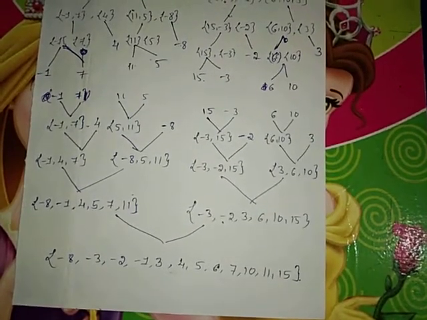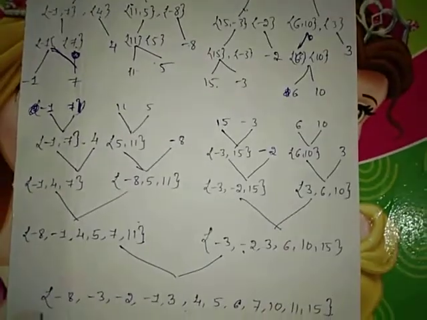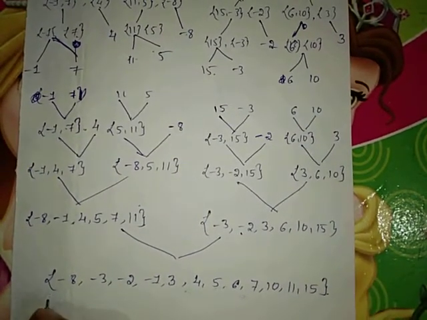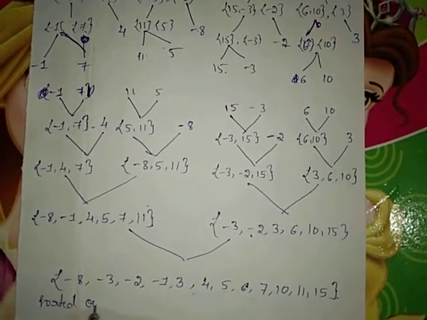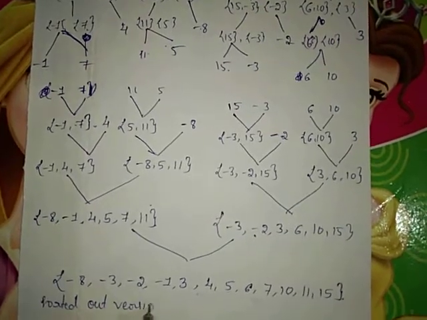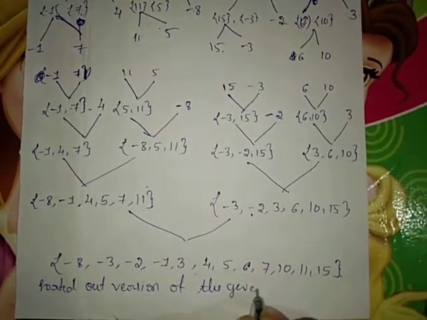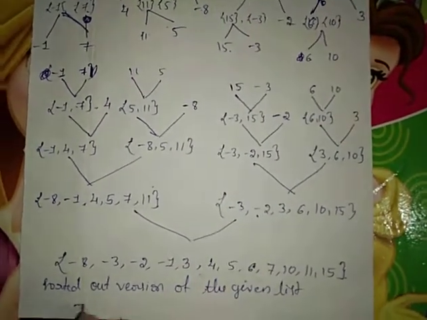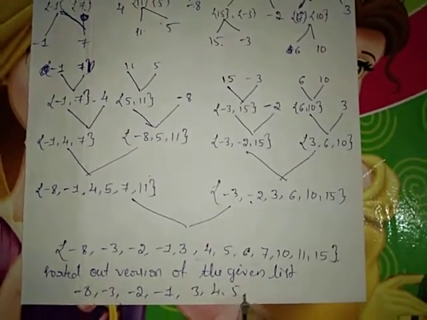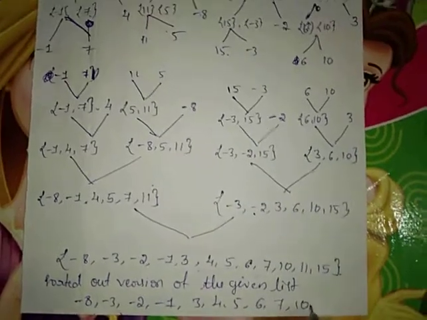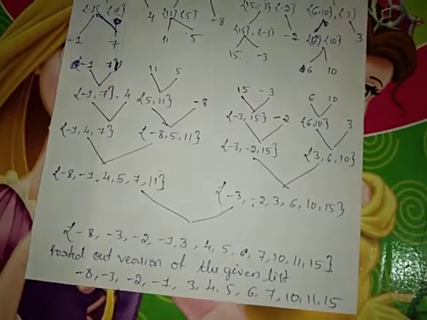So the sorted version of the given list is -8, -3, -2, -1, 3, 4, 5, 6, 7, 10, 11, 15. That is the sorted list of the given numbers.